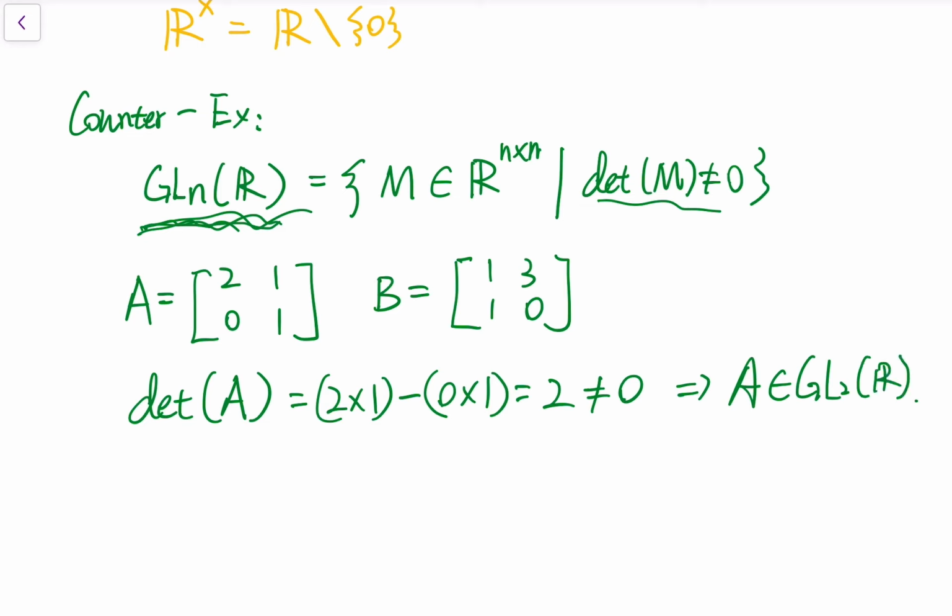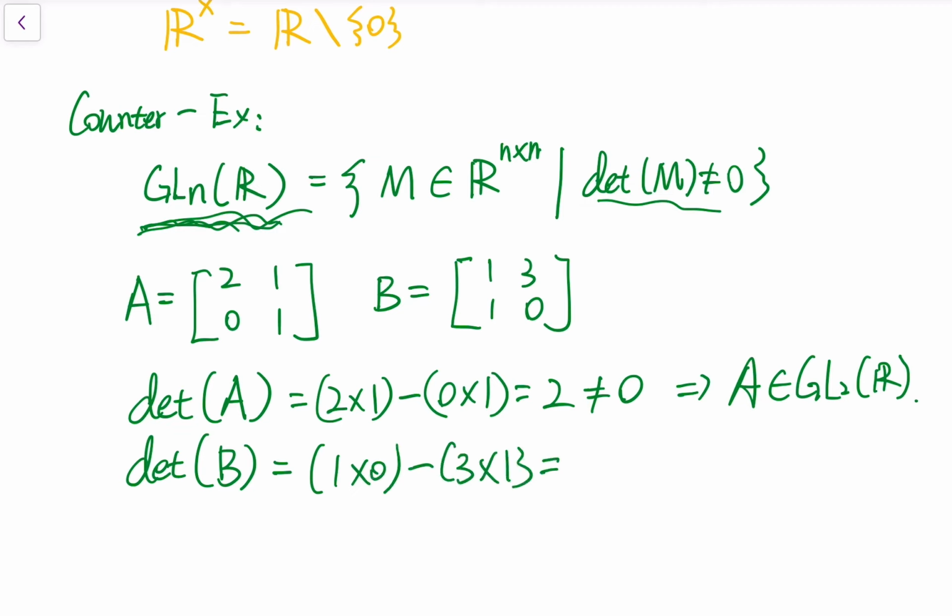And the determinant of B equals 1 times 0 minus 3 times 1, which equals minus 3, which is also not 0. So B is also an element of GL2R.